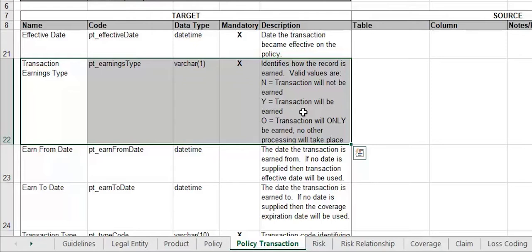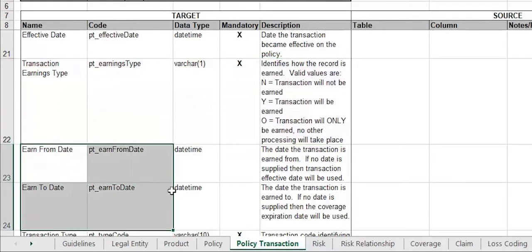A policy fee would come through as a transaction and it would have a -1 for the coverage and a -1 for the primary risk because it's not associated with either. For earnings purposes, you tell us whether the policy fee gets earned or not. Most companies don't earn policy fees. If this is your procedure, you would send an N for the earnings.